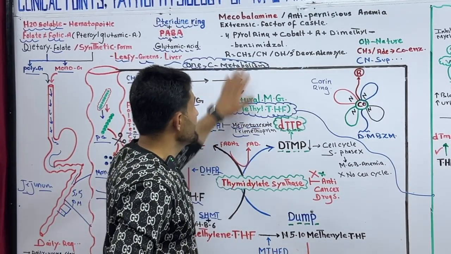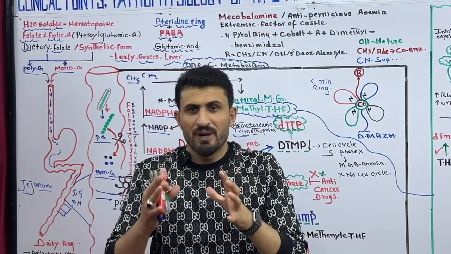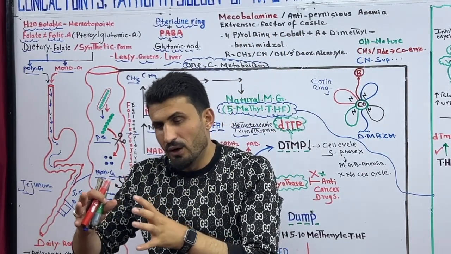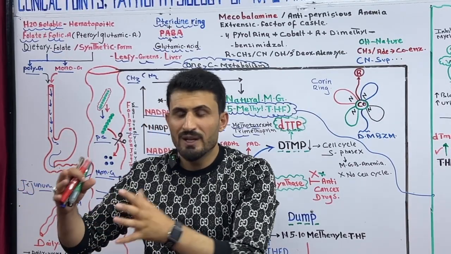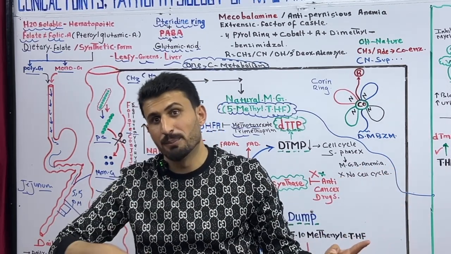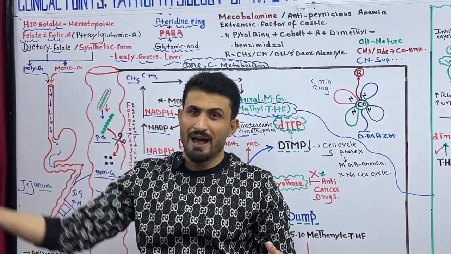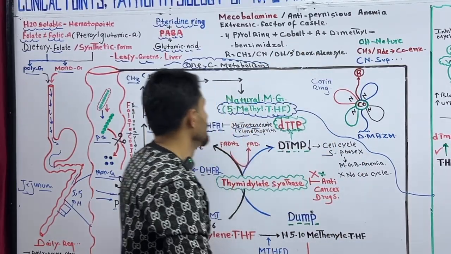Plus, it's also called extrinsic factor of Castle, because to prevent pernicious anemia in a patient, we need two factors. One is intrinsic factor from inside the body, and the other is the extrinsic factor, which is this vitamin B12. Got it?